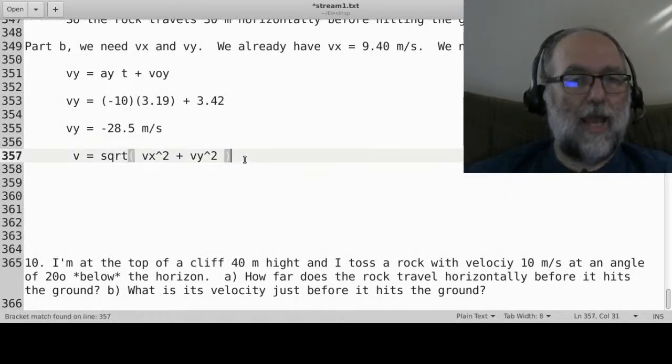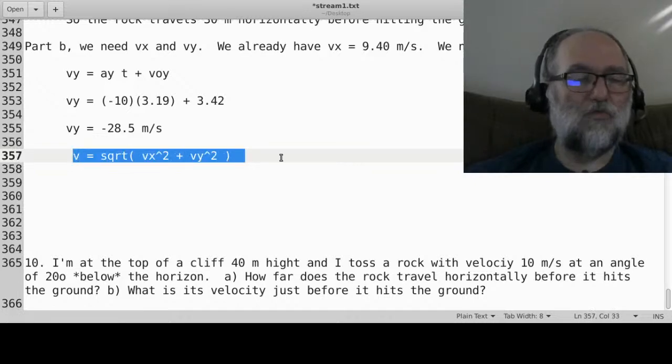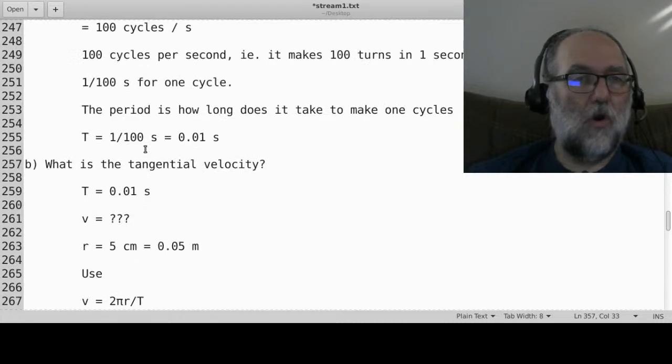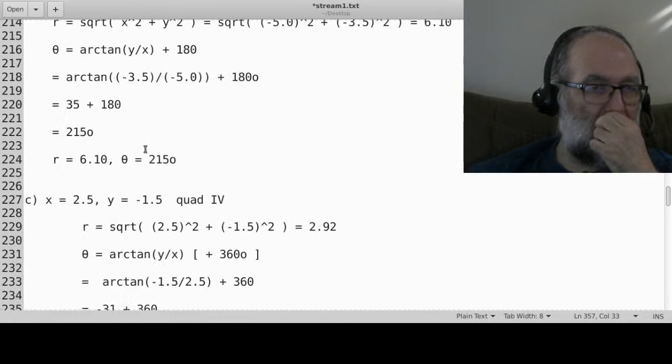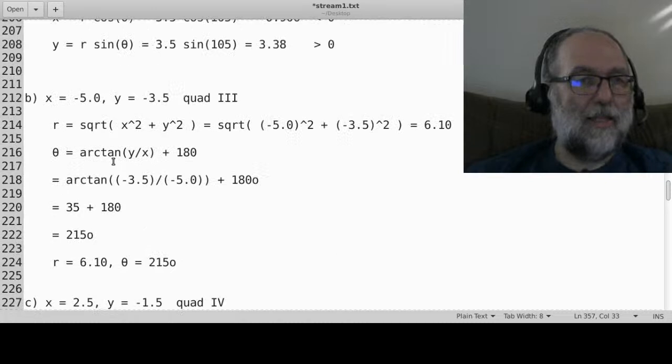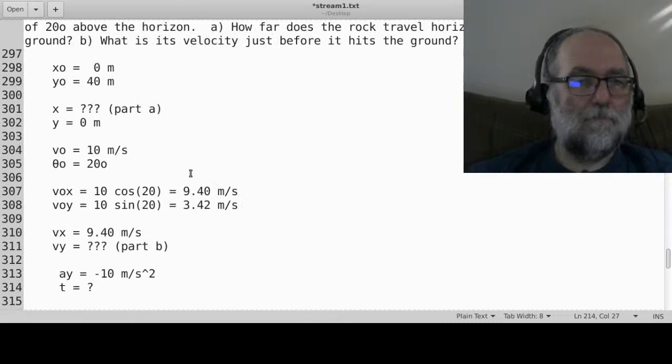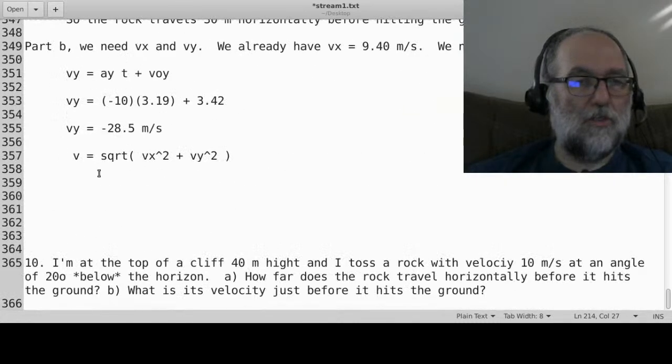Did I actually give you that formula? Not exactly in this form. If you go all the way back to the vector conversion, you'll see that I had this formula for converting x and y to r.